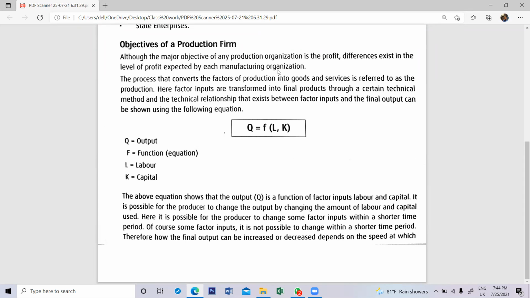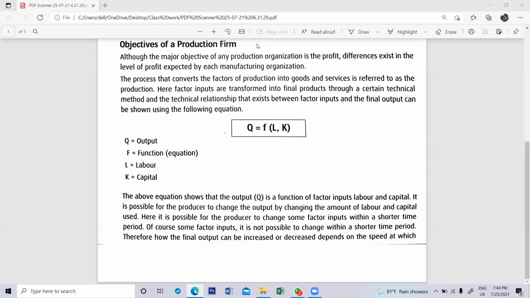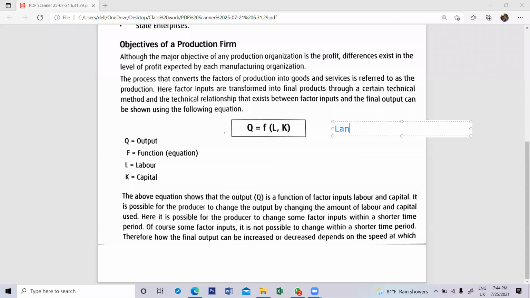Then there are major resources in the production process called variable factors and fixed factors. Variable factors are things involved in the production which vary with the level of output.